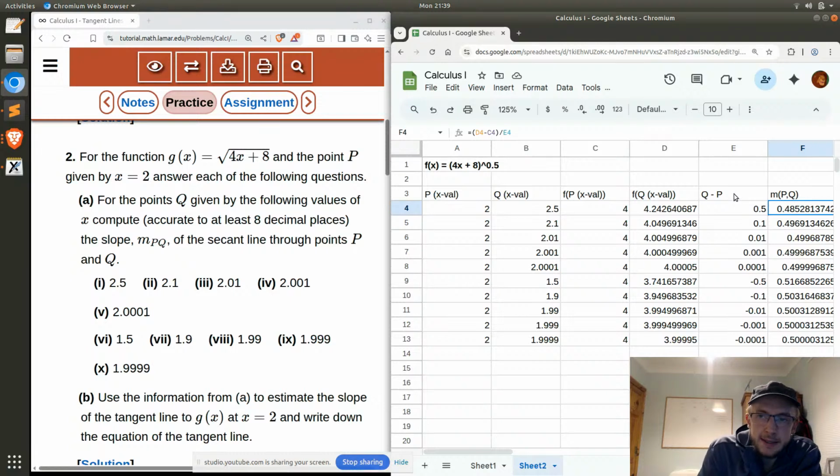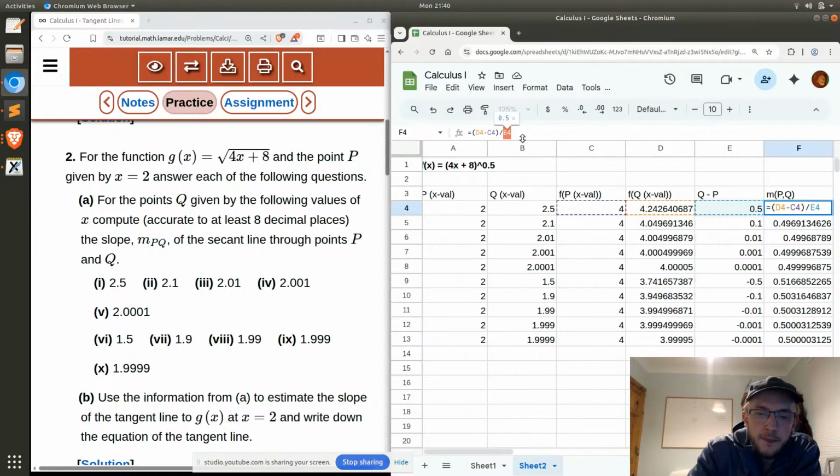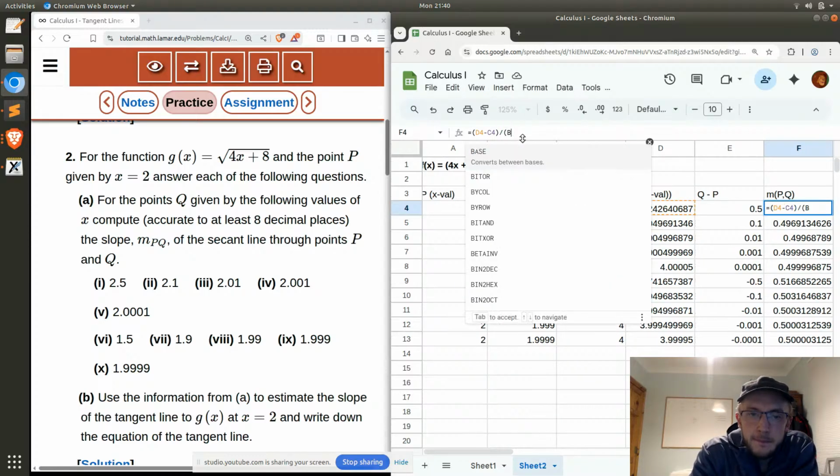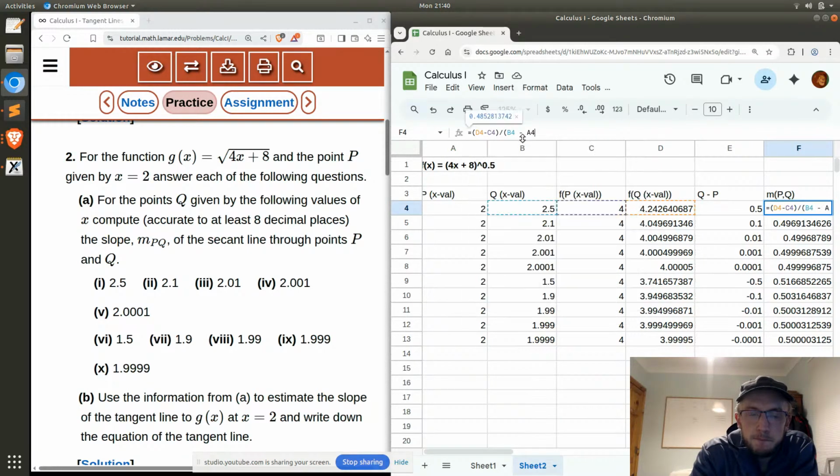Now, we don't actually need this column here. What we really need is to recognize that we want a difference on top of another difference. This is b4 take a4, so that, take that. So this should really be b4. Just like that.